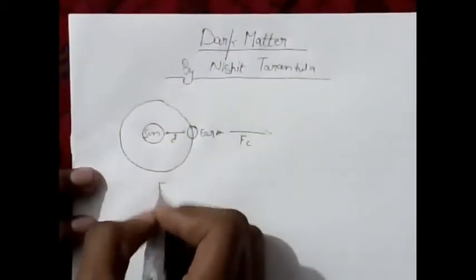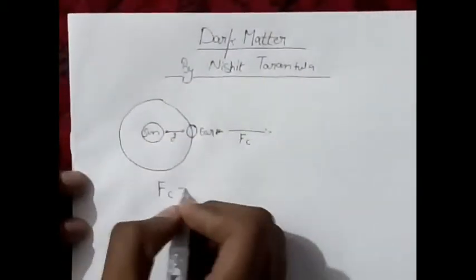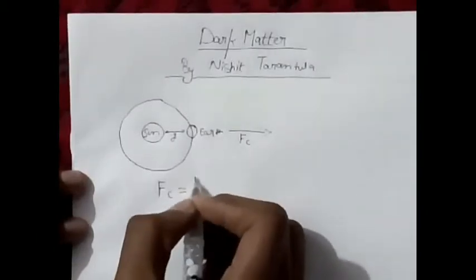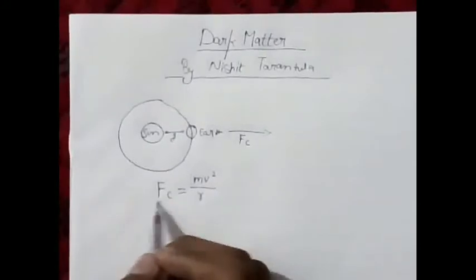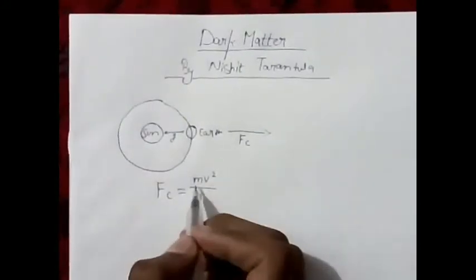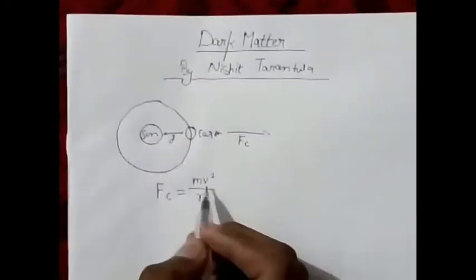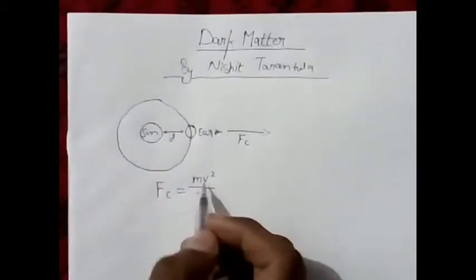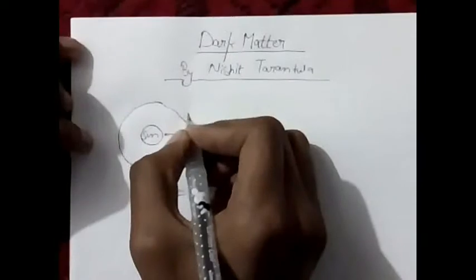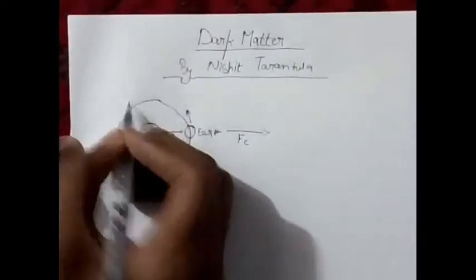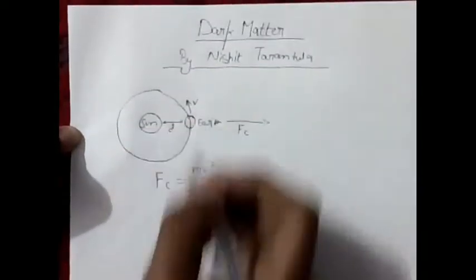The formula of centripetal force is Fc equals mv squared by r, where Fc is the centripetal force, m is the mass of our Earth, v is the velocity of the Earth. Suppose our Earth is moving in this direction with speed v.